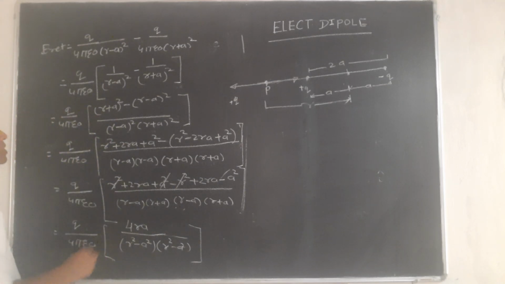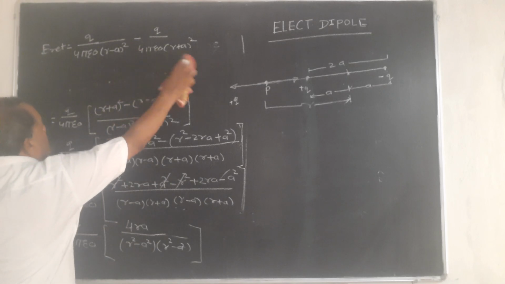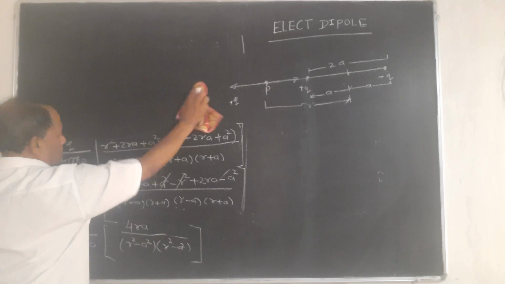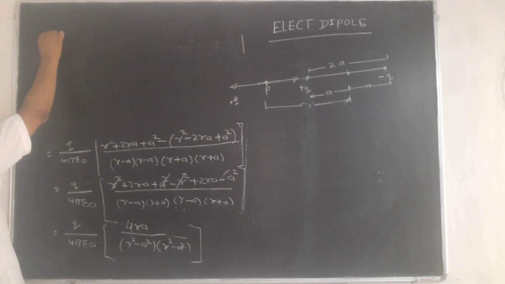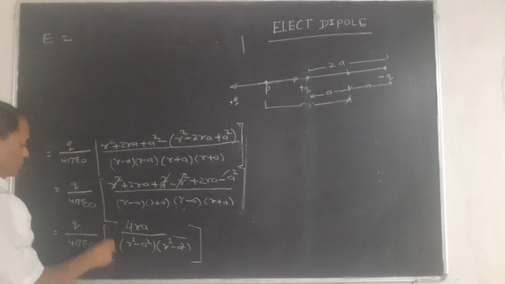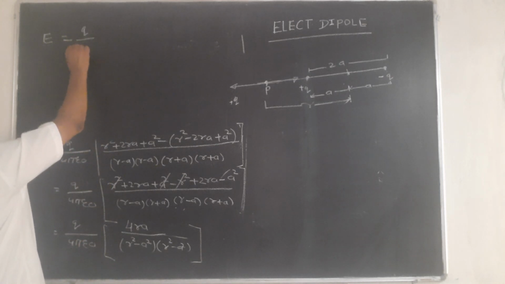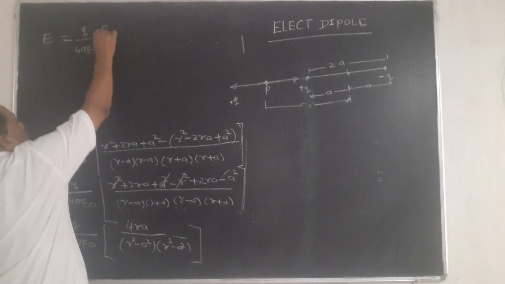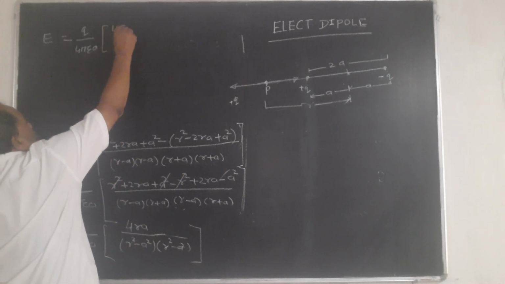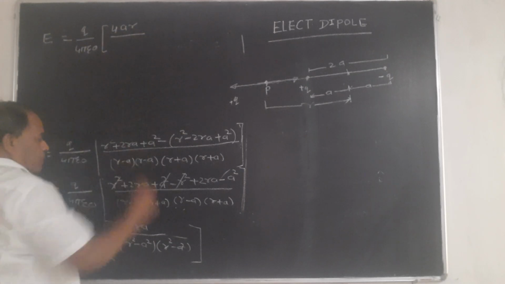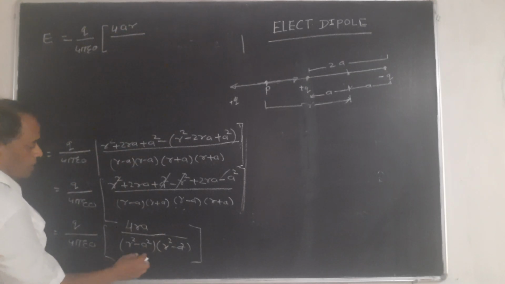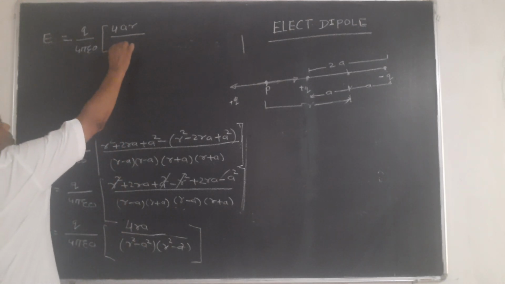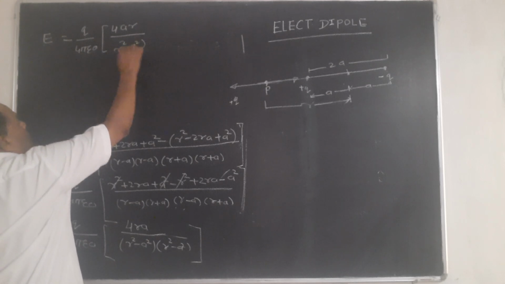Now we further solve this. The net electric field is equal to Q upon 4 pi epsilon naught into 4ar divided by the whole square of (r square minus a square).